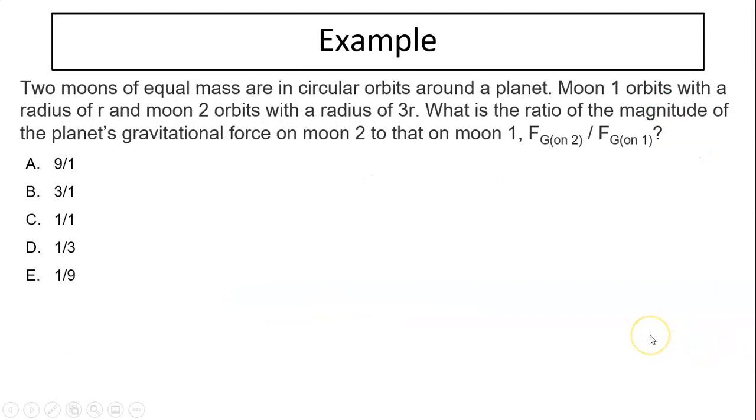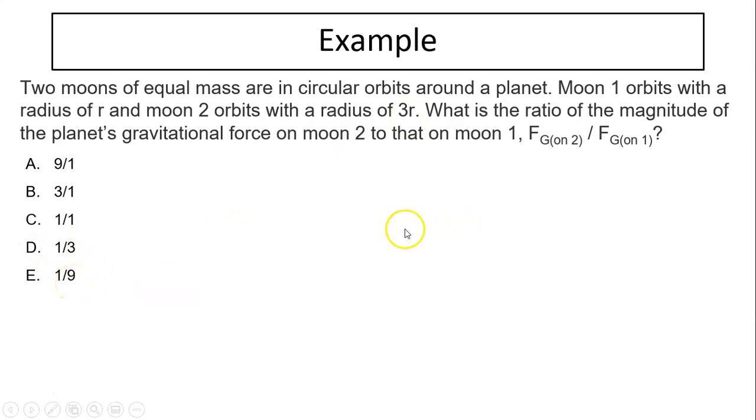Another example: two moons of equal mass are in circular orbits around a planet. Moon 1 orbits with radius r and Moon 2 with radius 3r. What is the ratio of the magnitude of the planet's gravitational force on Moon 2 to that on Moon 1? Moon 2 is further, so we know the gravitational force has to be smaller. So it can be either 1/3 or 1/9.